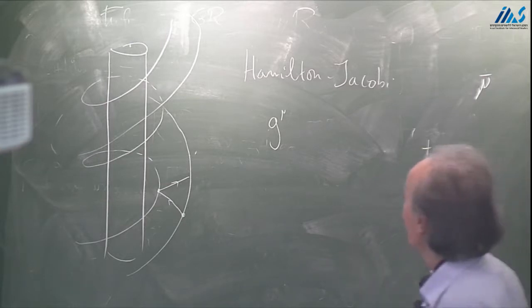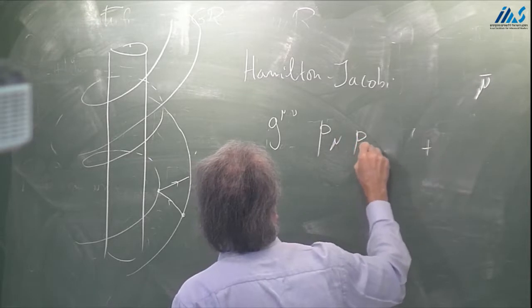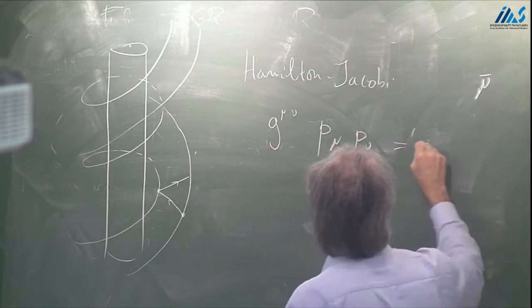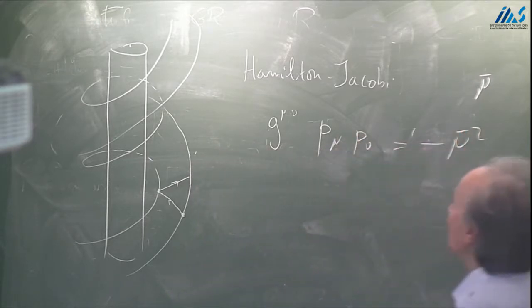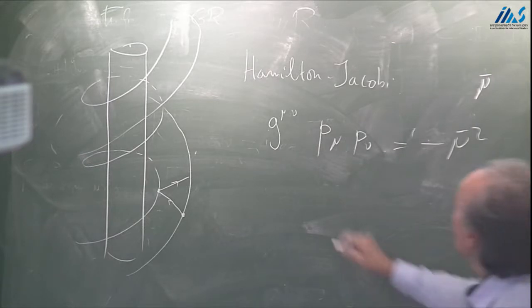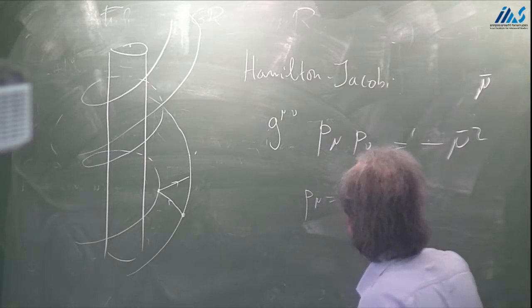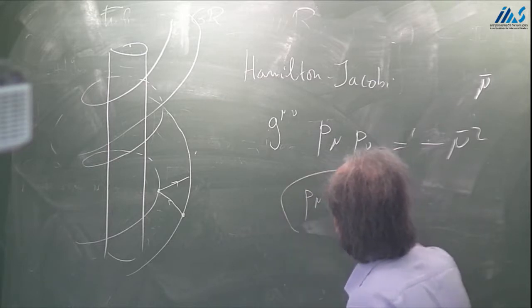So you write the mass shell condition, p squared plus mu bar squared equal to 0, and the condition that p_mu, the covariant p_mu, is the partial derivative of the action, the Hamilton-Jacobi function S, with respect to x^mu.